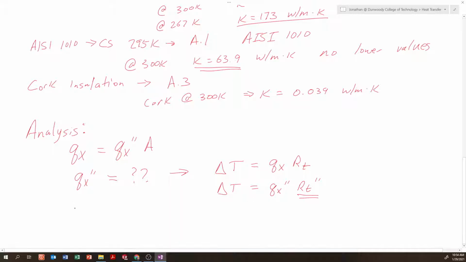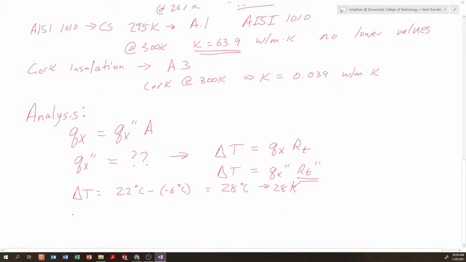So our delta T is 22 degrees C minus negative 6 degrees C, 28 degrees C, or 28 Kelvin. It's a temperature difference, so I don't need to do any of that 273 business. And now we need to find our thermal resistances.